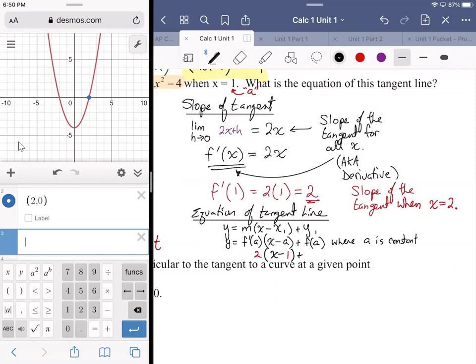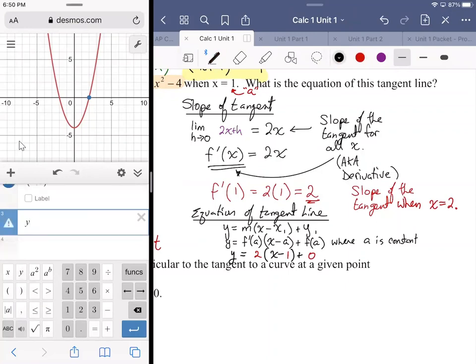So plus 0. And that would be equal to my tangent line. So I could actually just type that in, y equals 2 parentheses x minus 1 plus 0.